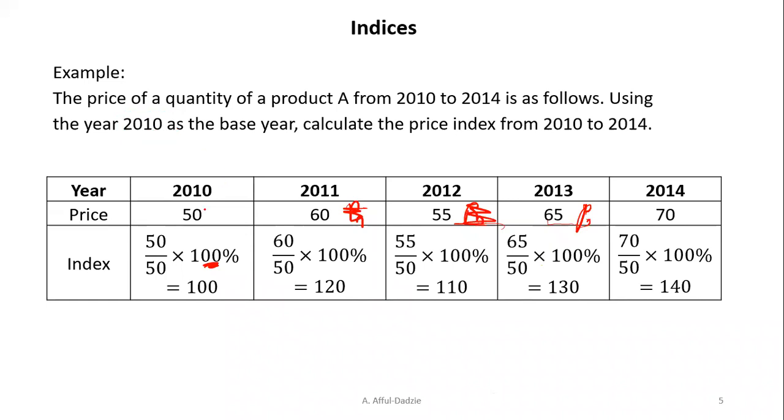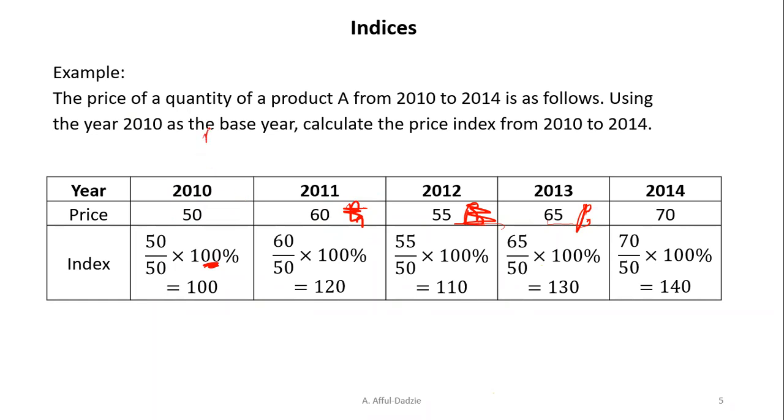If you want to compute the index number for each period and see what's happening over time, at the base year or the base period, the index number is always 100. I presume we can all understand, because at the base year, the current price and the base price are the same.